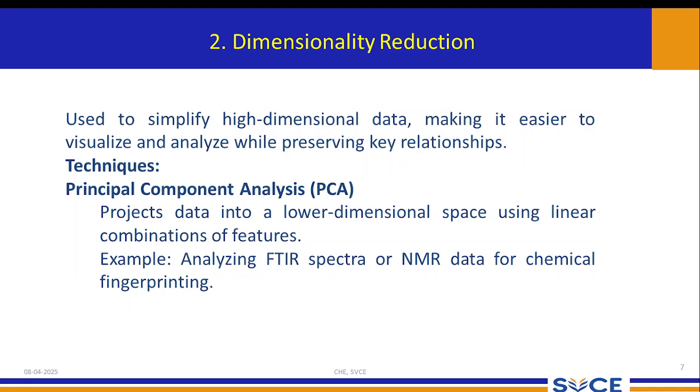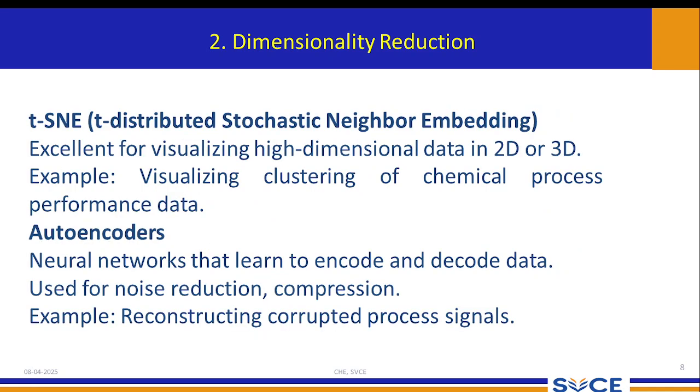So under dimensionality reduction you have principal component analysis, and then you have t-SNE, t-distributed stochastic neighbor embedding, which is excellent for visualizing high-dimensional data in 2D or 3D. An example is visualizing clustering of chemical process performance data.